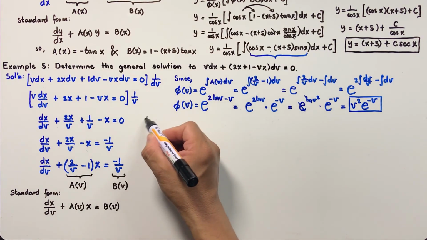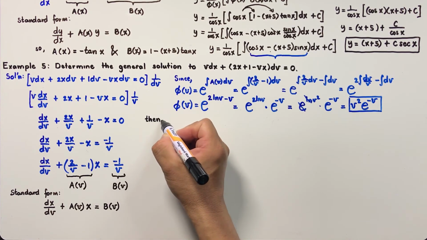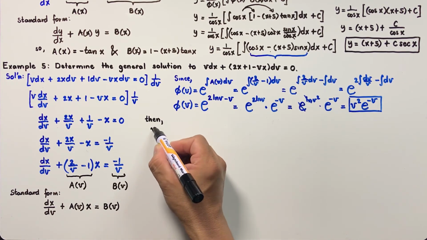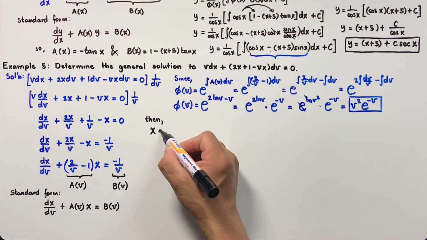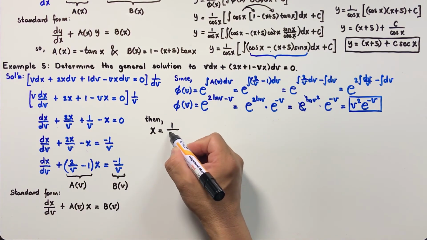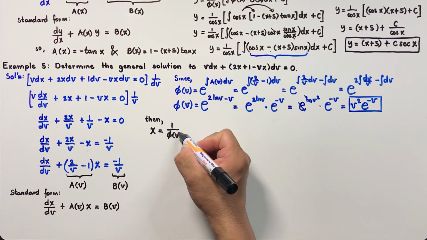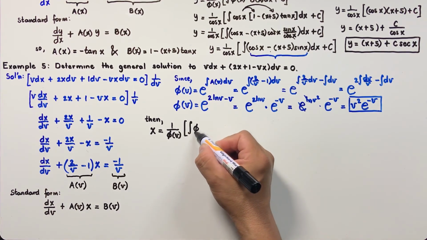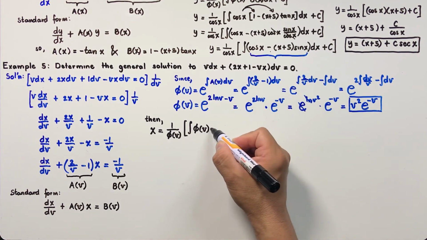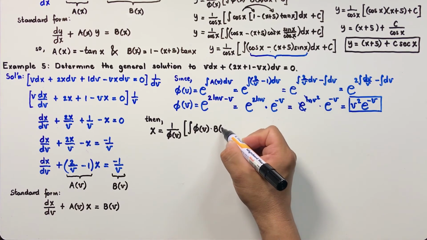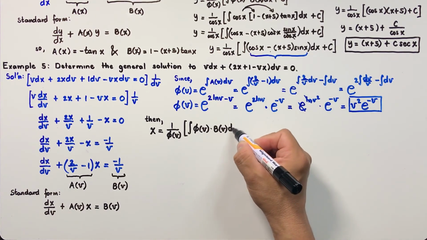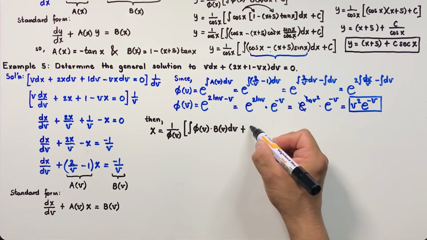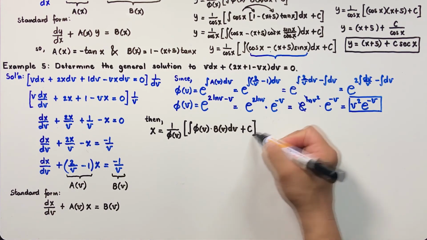Now, we can find our solution function for the differential equation. So x is equal to 1 over phi of v times the quantity of the integral of phi of v times b of v dv, and this is added to the constant of integration c.